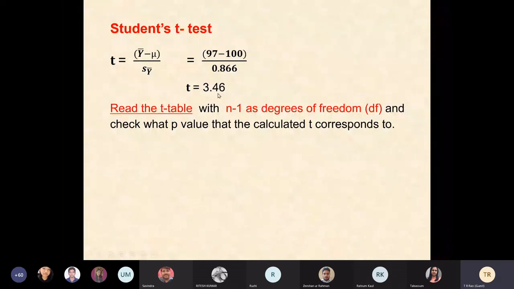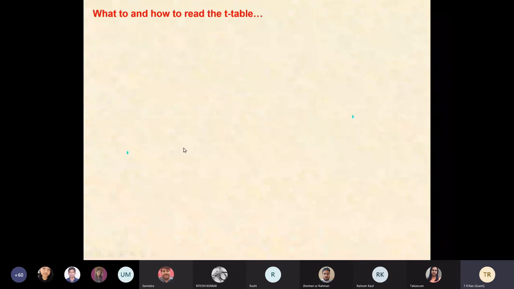We got a t value of 3.46. And this helps us read the probability, whether it is 0.5 or more or less. Generally, to read the t table, you use n-1 degrees of freedom, where n is your sample size. So for 11 degrees of freedom, we read the t table.